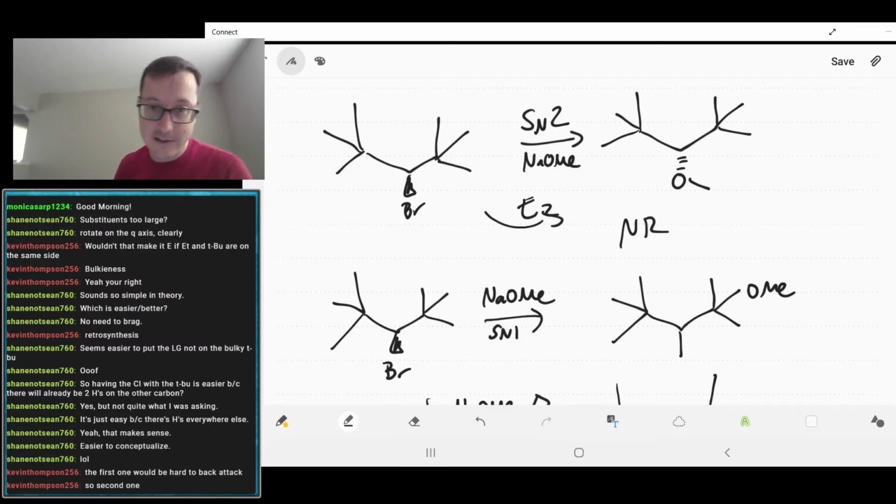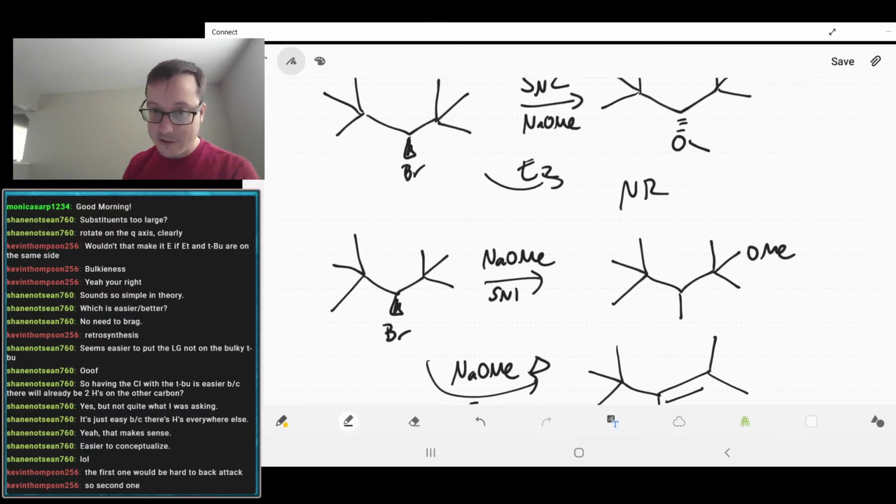If you SN2 this, you're safe using this nucleophile, by the way, because again, there's no possibility of E2. So you're good to go. Go ahead and do that SN2 style. In this case, I guess I didn't really need the wedge and dash because we have identical groups. It's not chiral. But if you did, remember SN2 inverts your stereochemistry.